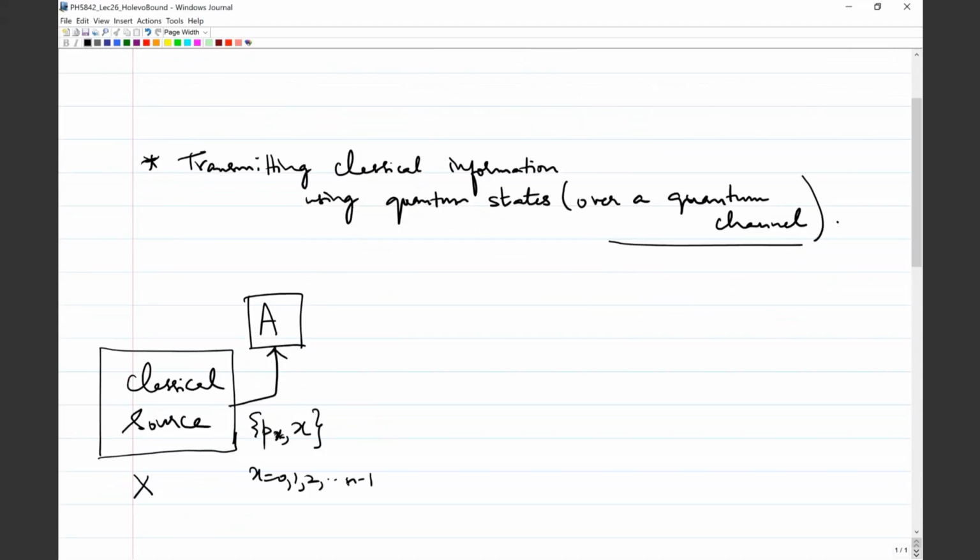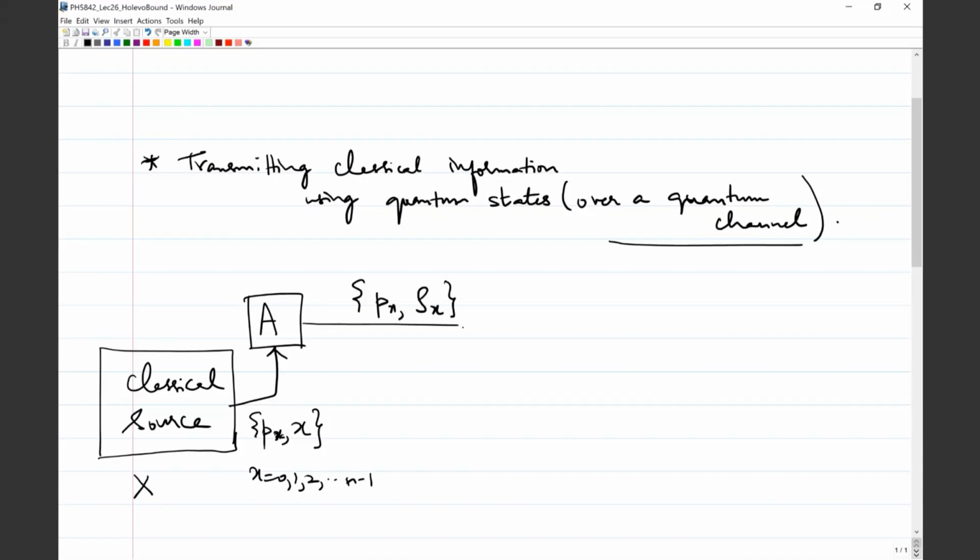And then A is going to encode each of these symbols into a quantum state. So while the source is generating a classical random variable, A is going to generate a quantum ensemble corresponding to this classical source. So she is going to prepare a bunch of quantum states rho_x with probabilities p_x.